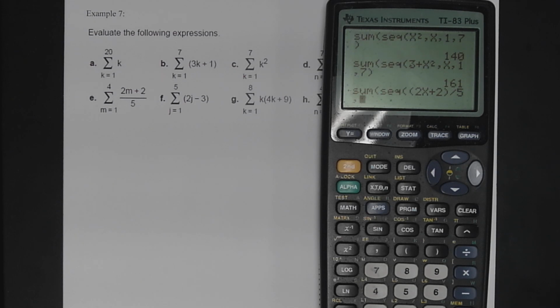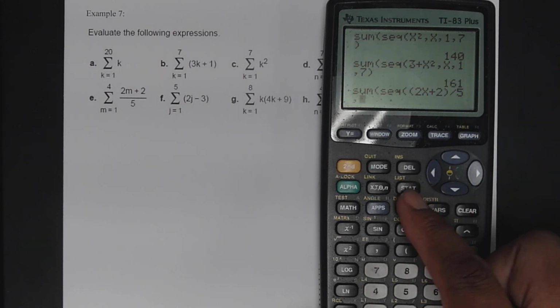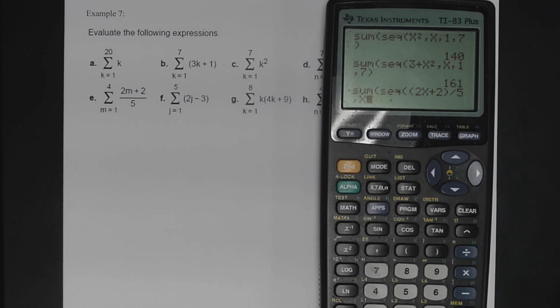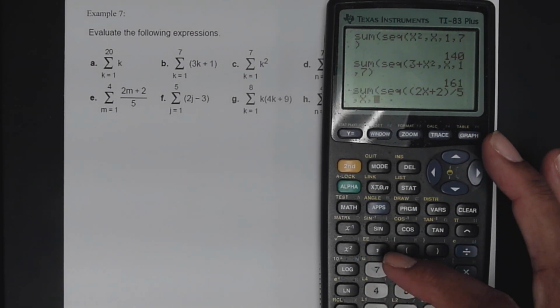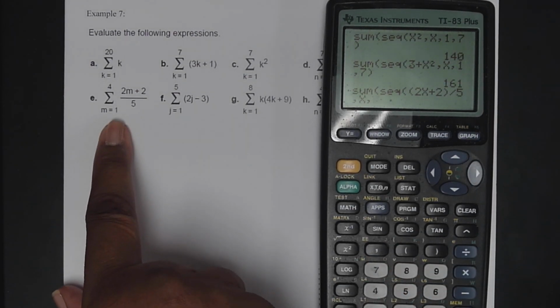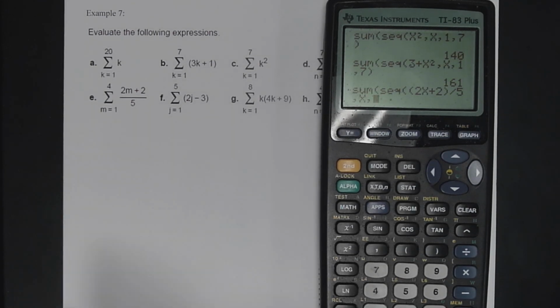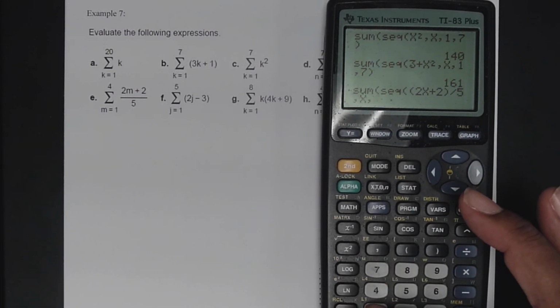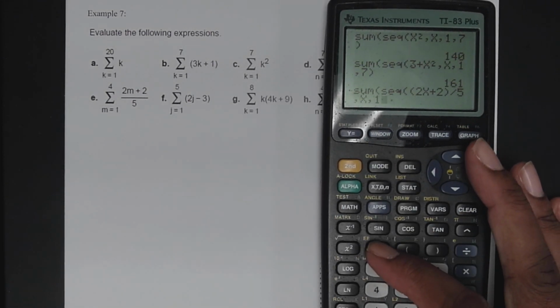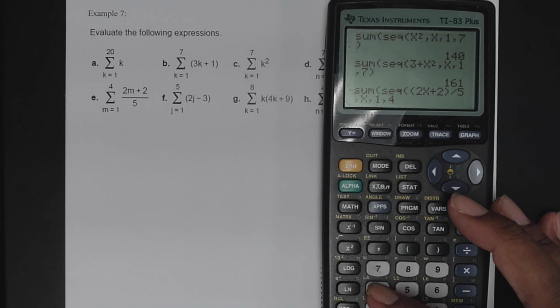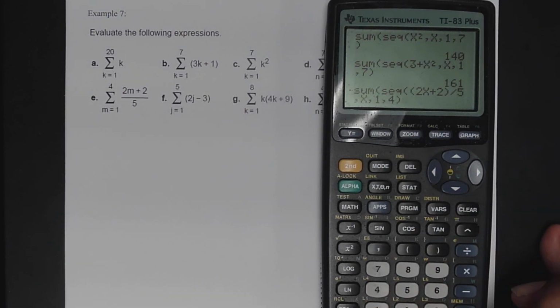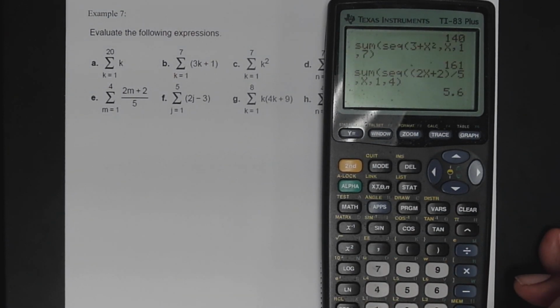Then that's going to be separated by a comma. And the variable I'm using is x, so I have to press X,T,theta,n for the x, and then comma. My lower limit will be 1, upper limit is 4. So type in the lower limit of 1, comma, upper limit 4, close parentheses, and then hit enter.